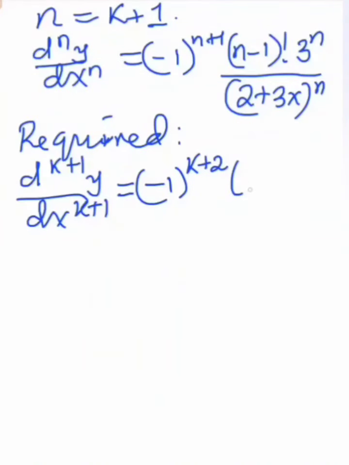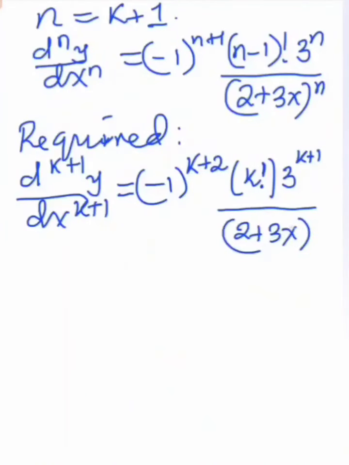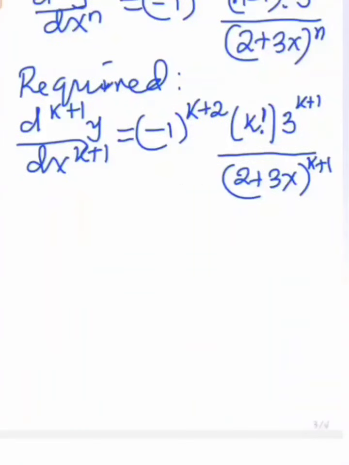When n is k plus 1, I will get k plus 1 minus 1, which is simply k factorial, and then times 3 to the n, being k plus 1, would have k plus 1 as the power, then divided by 2 plus 3x to the power n, and n in this case is k plus 1. So this is the statement that I will be seeking to prove in the inductive step.